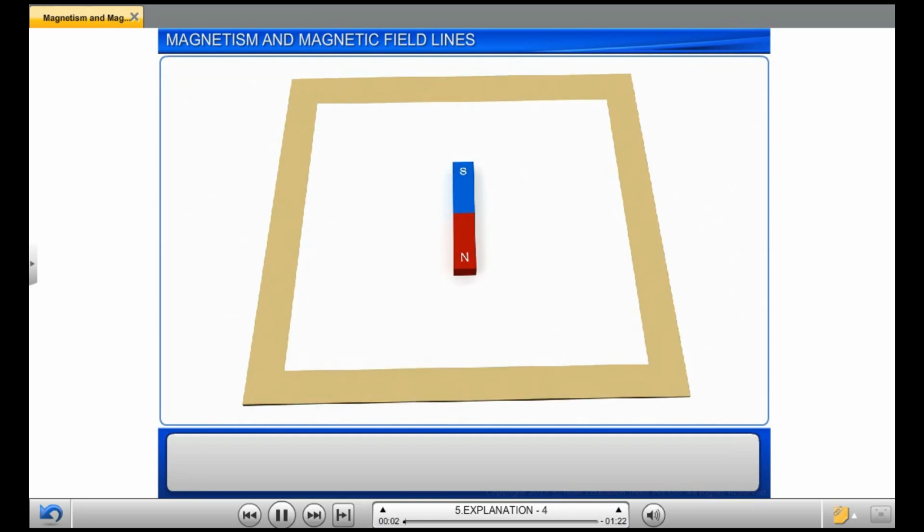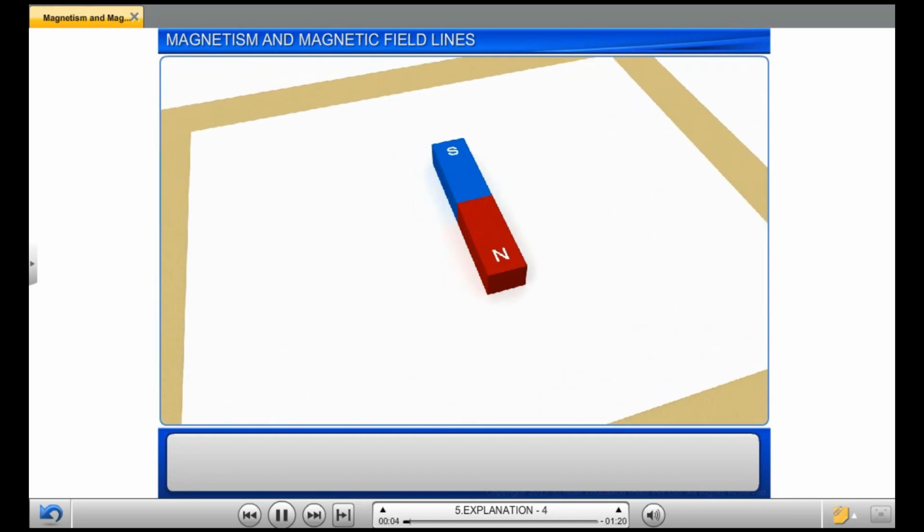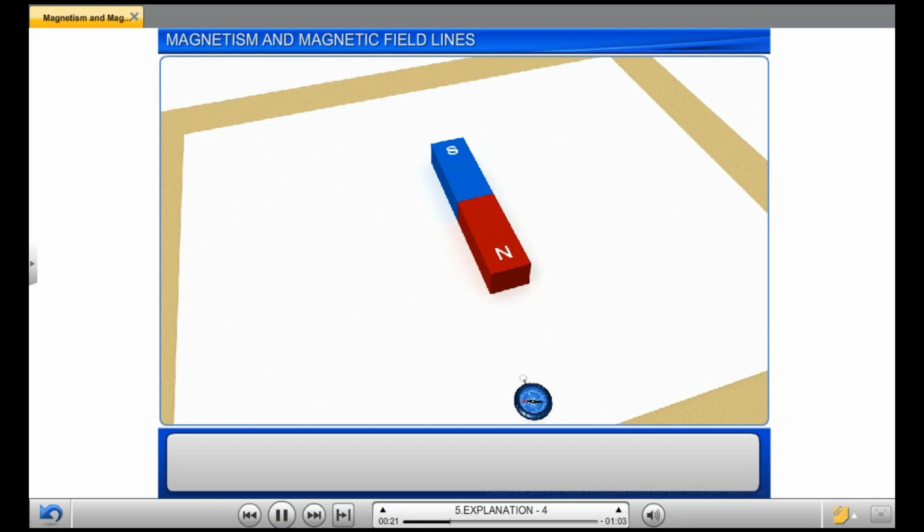An alternative method of plotting the field lines of a magnetic dipole is as follows. Take a bar magnet, which is nothing but a magnetic dipole, and place it on a sheet of paper, which is placed on a horizontal surface. Then place a small magnetic compass at the north pole of the magnet.